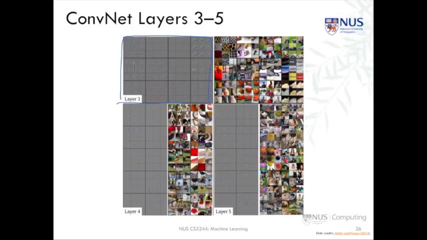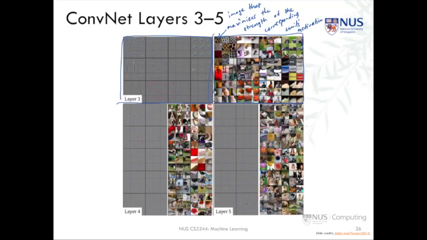And on the right-hand side of each of these images, we see a particular picture that maximizes the strength of the corresponding unit's activation.